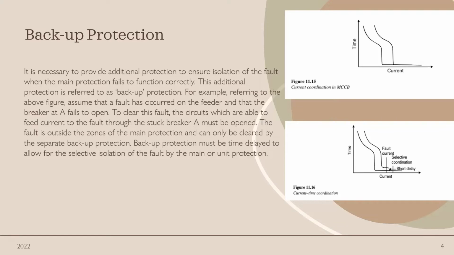To clear this fault, the circuits which are able to feed current to the fault through the stuck breaker A must be opened. The fault is outside the zones of the main protection and can only be cleared by the separate backup protection. Backup protection must be time delayed to allow for selective isolation of the fault by the main or unit protection.